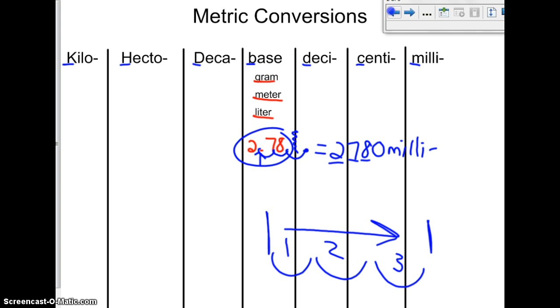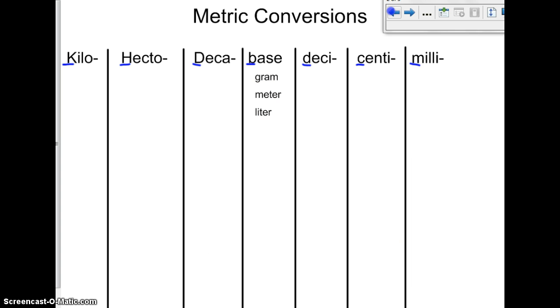Let's take a look at one more example. What if you have a measurement and it is, let's say, 78 decigrams, and I asked you to convert that to decagrams. Okay, well, the first thing we need to do, once again, find the decimal. Looking at that number, I don't see a decimal.